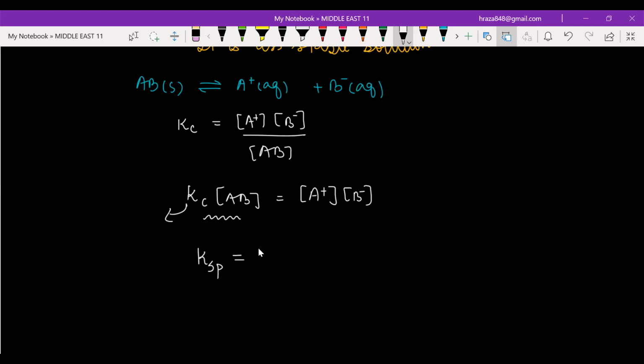So Ksp is equal to [A+] into [B-]. Is this clear, everyone? Yes, sir. Just write it. Since now we got the expression for Ksp, now we can easily define Ksp.